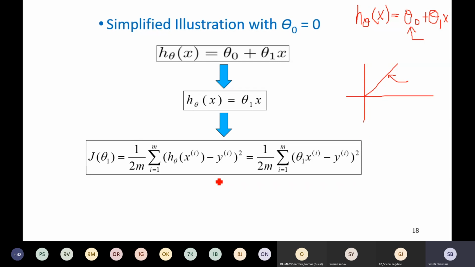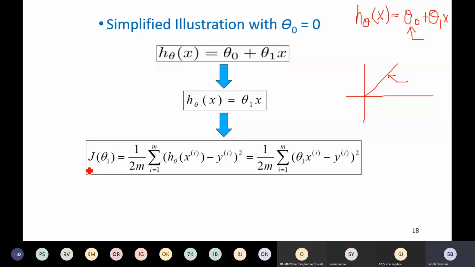So how will my cost function look? As I am not having theta 0, now my cost function would be a function of theta 1 only. So my cost function J is of theta 1 because I am not making use of theta 0.